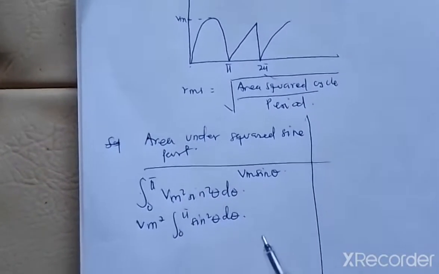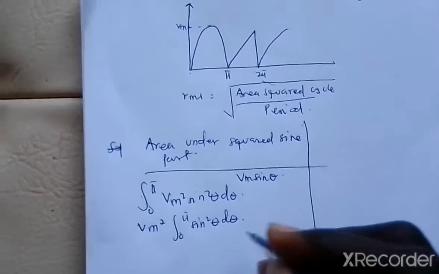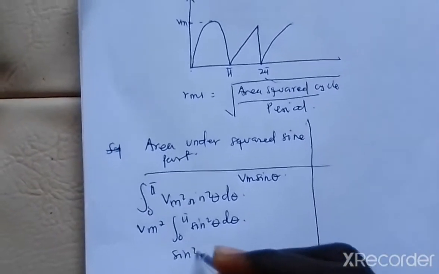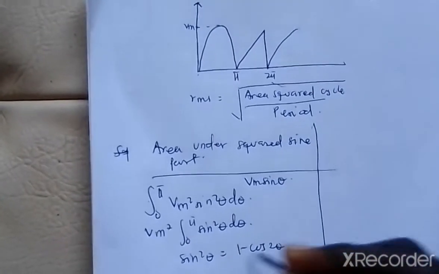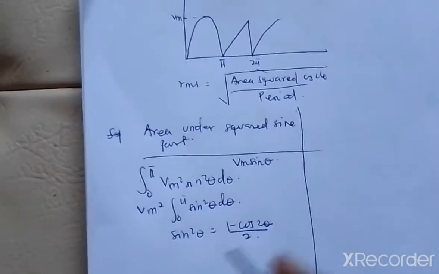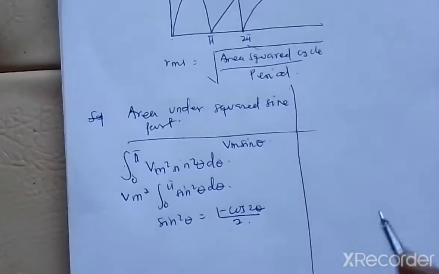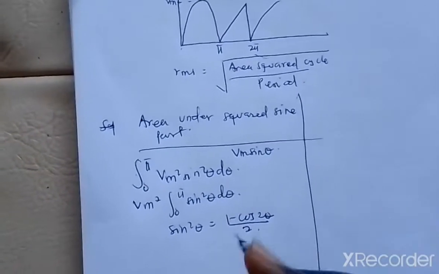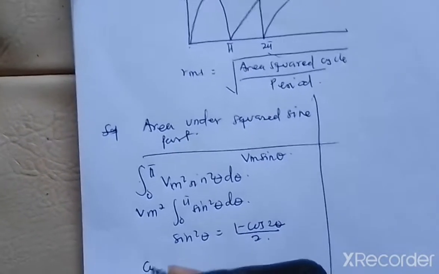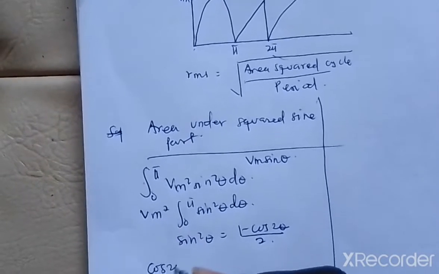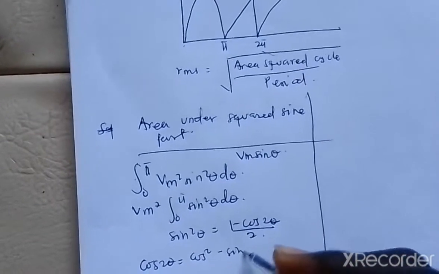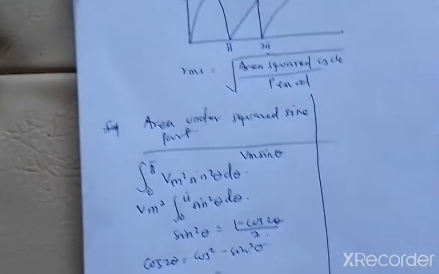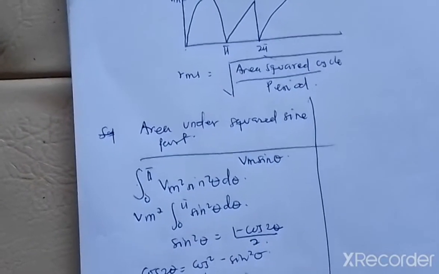Then from here, we know that sine squared theta is equal to 1 minus cos 2 theta all over 2, from trigonometric functions. We can prove that quickly. You know that cos 2 theta is equal to cos squared theta minus sine squared theta, and cos squared theta is the same as 1 minus sine squared theta.